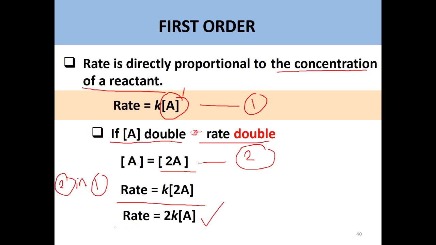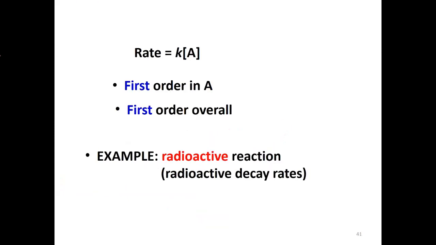So if you double the concentration of A, the rate also will be double. For rate equals k concentration A, it is first order in A, first order overall.